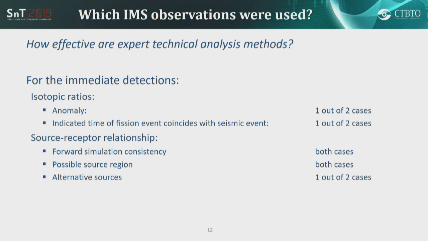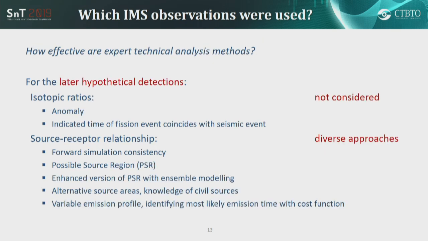And in addition, what the experts used were source-receptor relationships. So they looked into forward simulation consistency from the test site to the station. Possible source region was also consistent, and they also checked alternative sources that could explain the same detections.